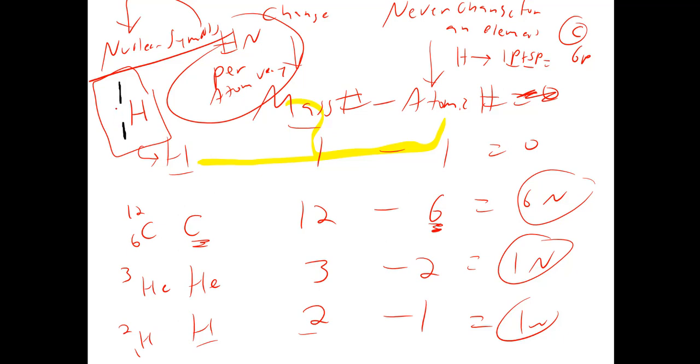Automatically, by aligning this up the way it is, you simply take the top mass number minus the bottom atomic number, and automatically that tells you the number of neutrons. So for this nuclear symbol, the number of neutrons for this carbon is going to be 6 neutrons.